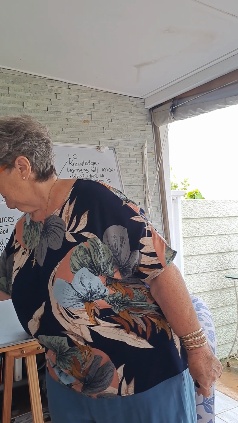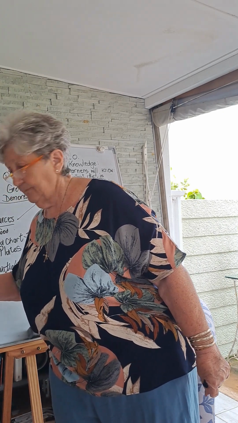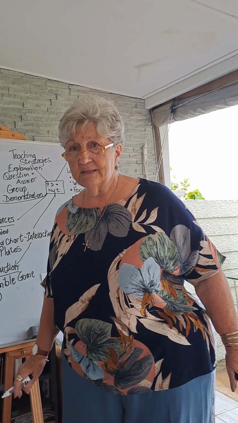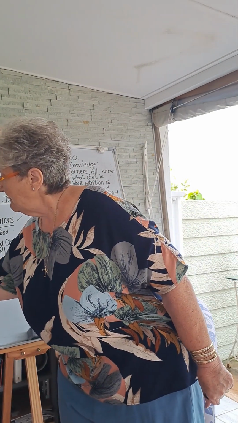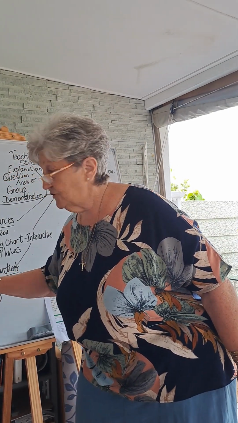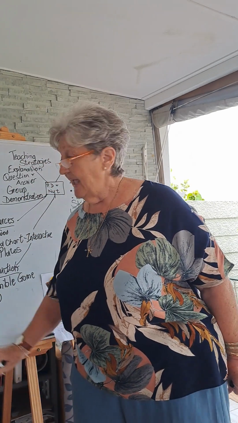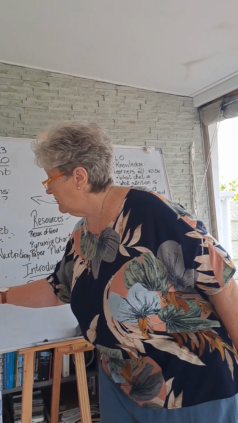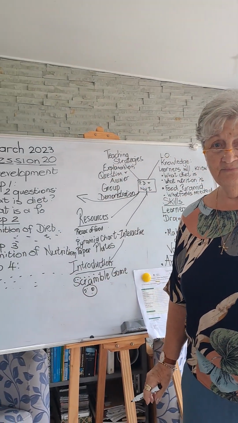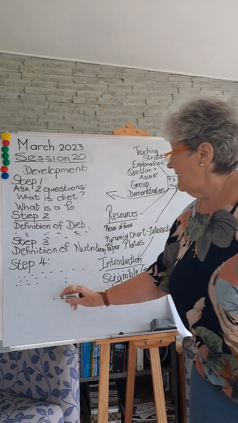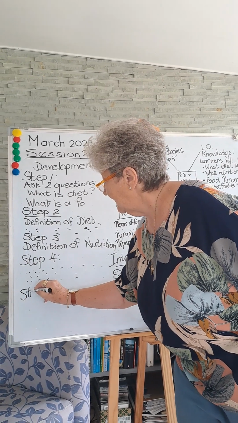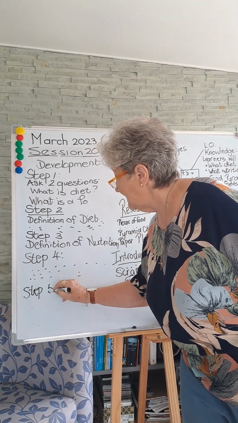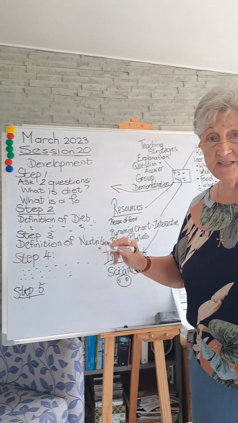Step 4. And now you write, step 4, I am going to use my interactive chart. And I am going to show them what the full food pyramid looks like. And then step 5, you might want to talk about healthy and unhealthy choices.